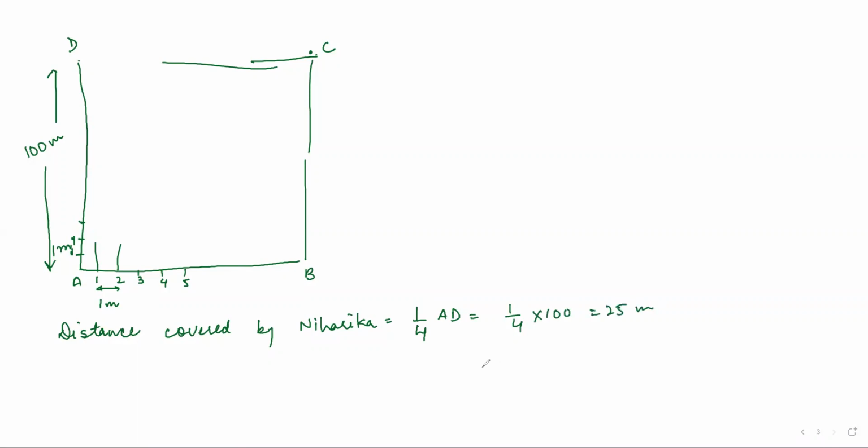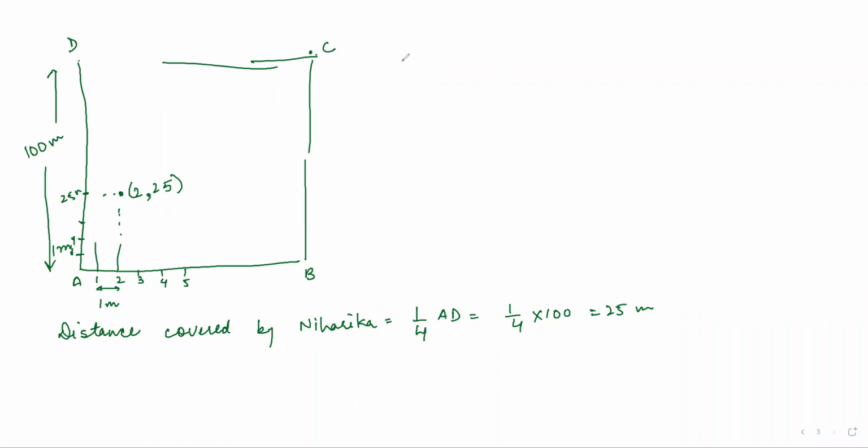Got it? And she is moving on the second line, Martin. So basically, if, for example, this is your 25 meters, so what will be the coordinates of this point? On the x axis, this is 2, and on the y axis, this is 25. And Niharika posts a green flag.